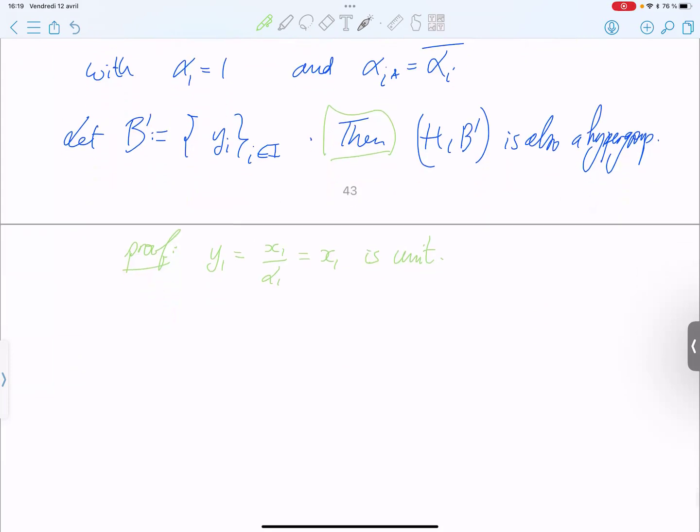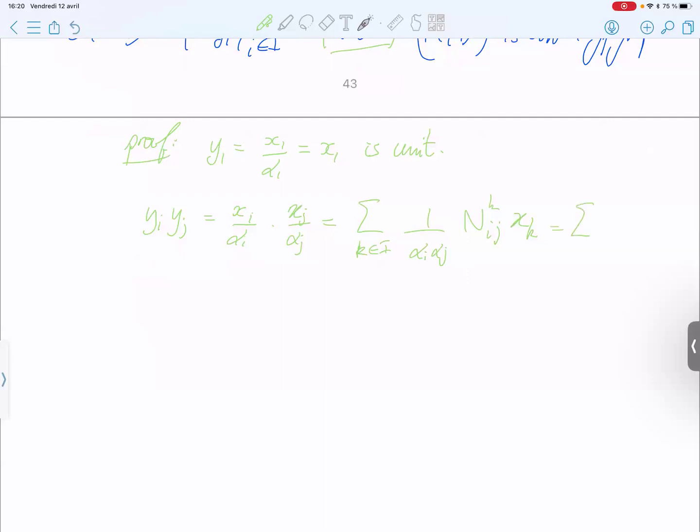So that's okay. yi yj is xi over alpha i times xj over alpha j, which is the sum over k in I of 1 over alpha i alpha j n_ij^k x_k, which is, to make x_k into y_k by putting a coefficient here, alpha k over alpha i alpha j n_ij^k y_k.